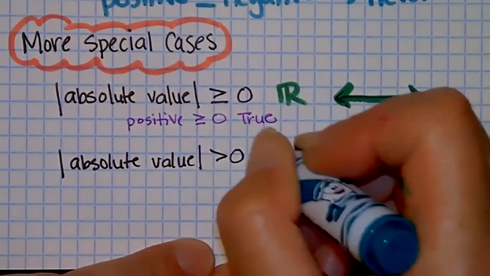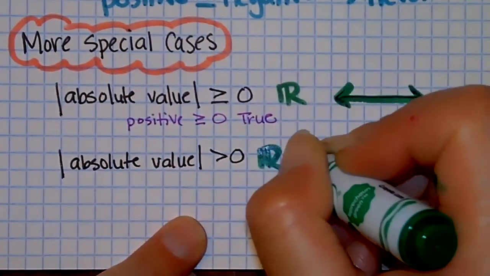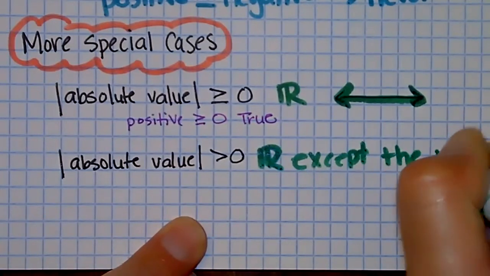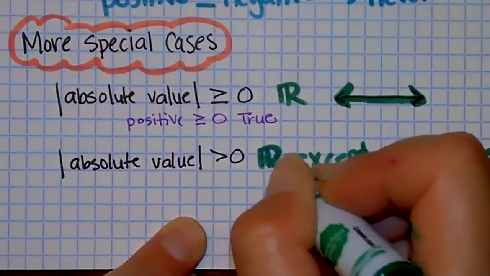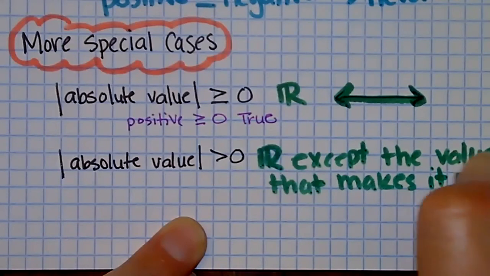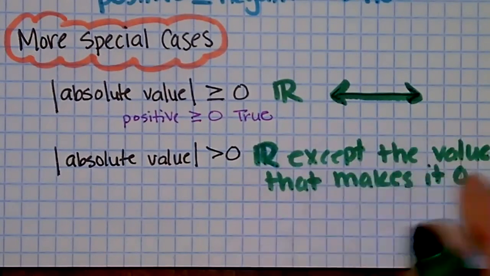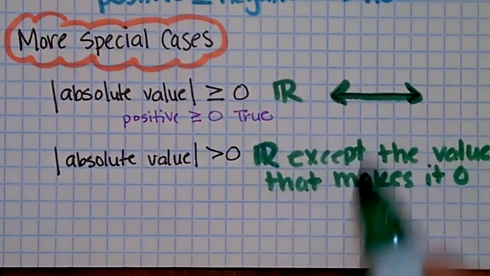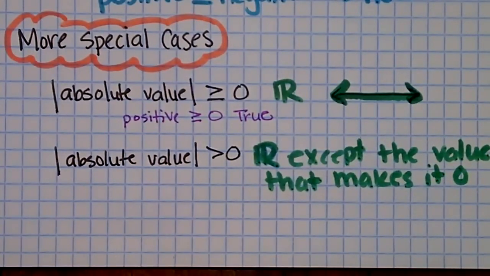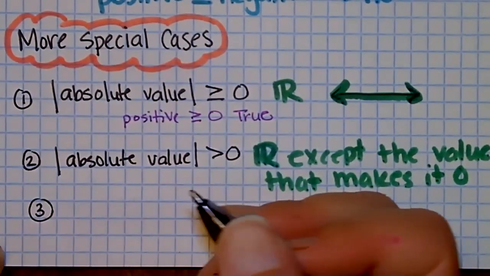It's going to be all real numbers except the value that makes it 0. So what would happen is on the graph, I would have every single thing shaded, both directions, except for the one number that makes this 0, and have an open circle there. Okay, so let me just label this special case 1, special case 2, and special case 3.